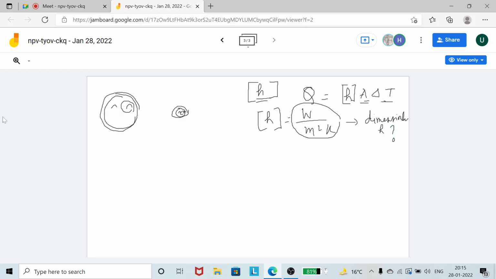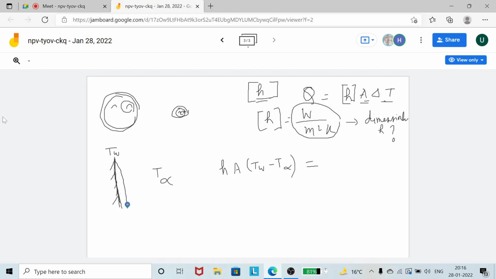So let's say we have a flat plate. The wall is at TW, and the room is at T infinity temperature. So the heat transfer is H into area into TW minus T infinity. But how does heat transfer take place? On the wall, there is a boundary layer.